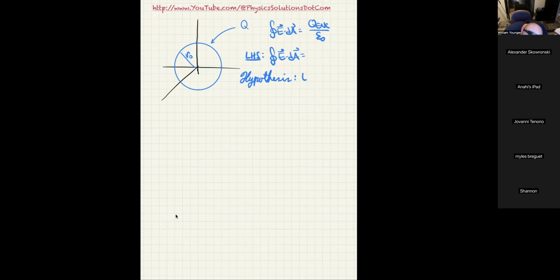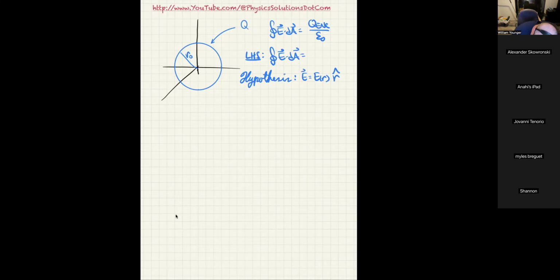So I'm going to say E is equal to some electric field that only depends on the distance r, which is the radial coordinate from the origin, and that it points radially outward. So there's my hypothesis. It's a function that should only depend on r, the distance away from the center of the sphere and therefore the origin, and it should point radially outward.